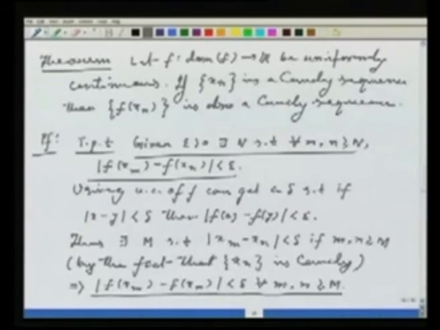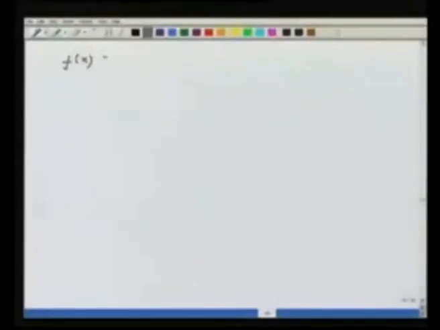Now using this, it follows quite easily that the function f(x) equals 1 by x square is not uniformly continuous in (0, infinity). Let us see how so. I look at the function f(x) equals 1 by x square. Let me take x even in (0, 1). There also it is not uniformly continuous.